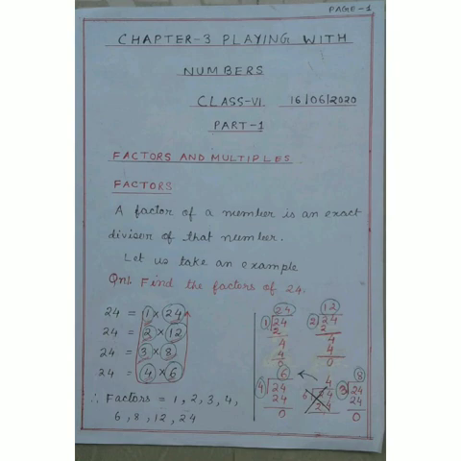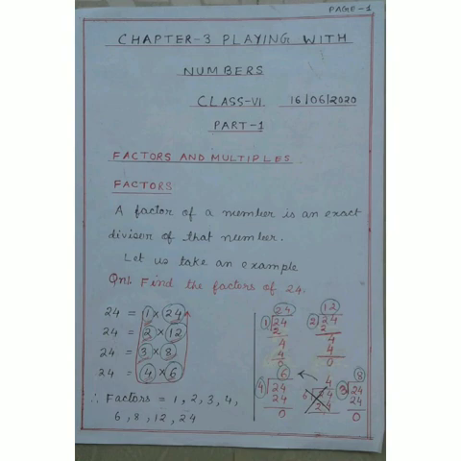I shall not write the fifth pair 6 into 4 because I have already written 4 into 6. If I write 6 into 4, it will be repeated. So I shall stop writing the factors here itself.